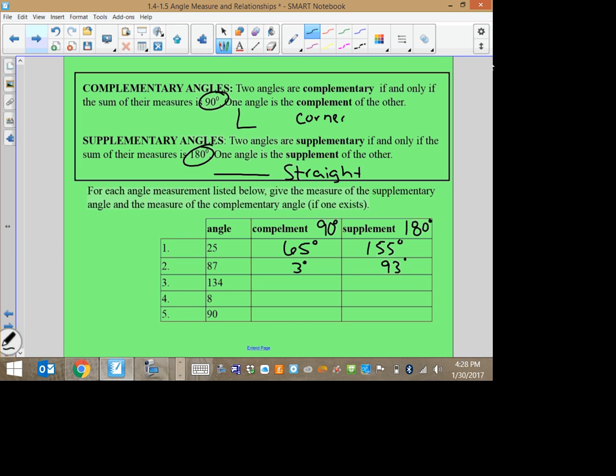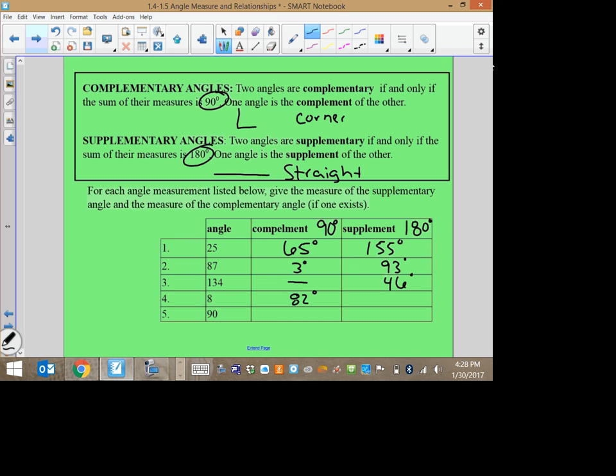The complement of 134 does not exist because you can't add anything to 134 to get 90 degrees. You can subtract something, but here we're thinking about adding angles. The supplement of 134 is 46 degrees. The complement of 8 degrees is 82 degrees.